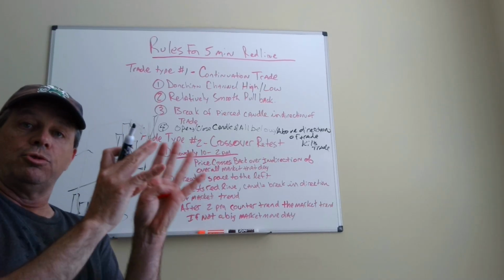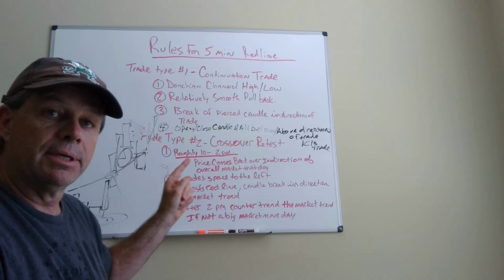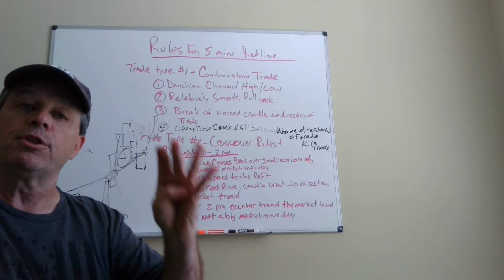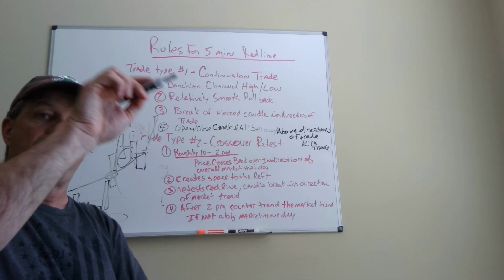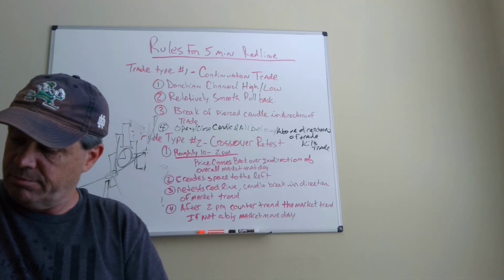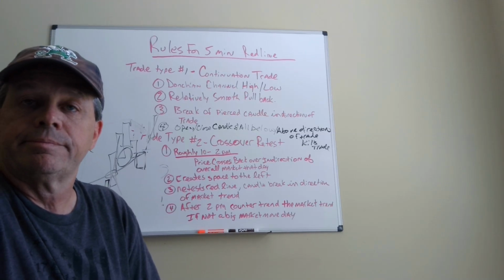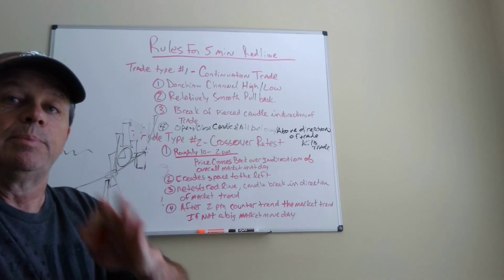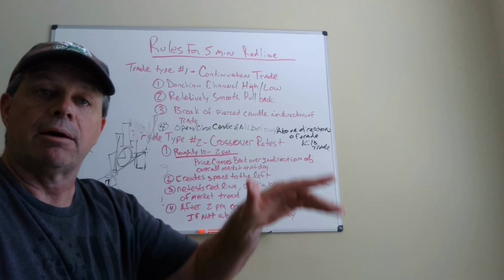So what you're looking for is that crossover retest later in the day if the market's not up significantly. That's when, after that retest and rollover, that thing will just melt.